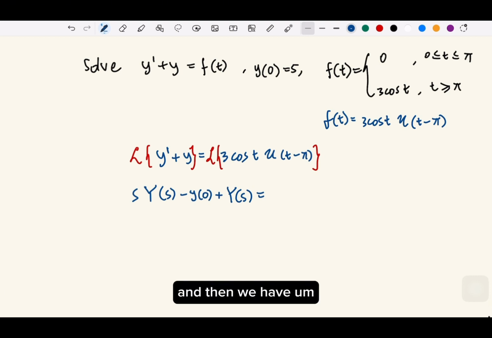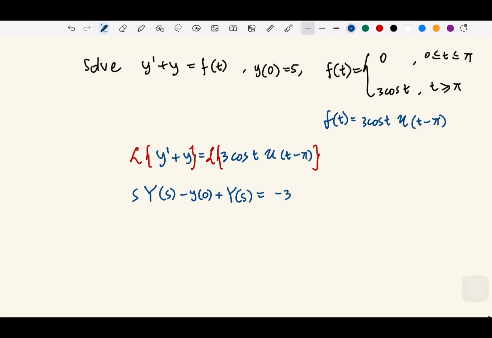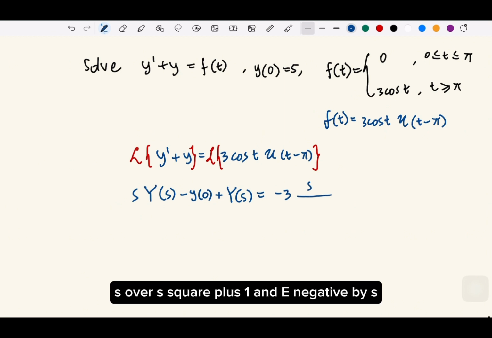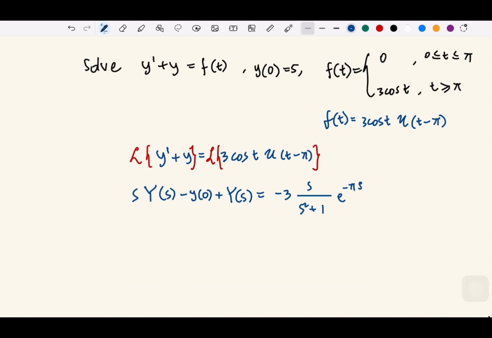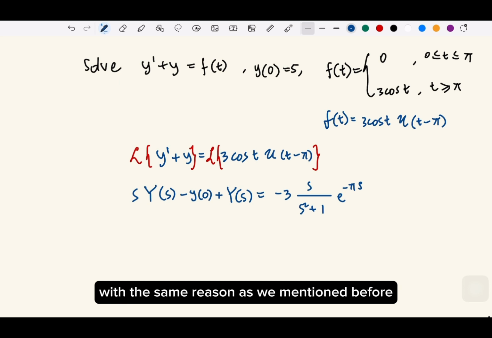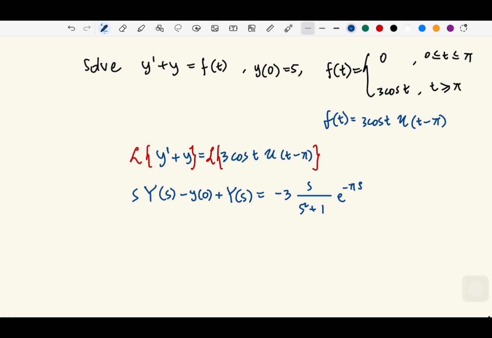And then we have 3, so negative 3 s over s squared plus 1 and e to the negative pi s, with the same reason as we mentioned before. Okay.